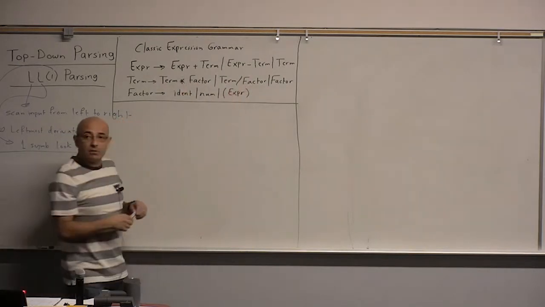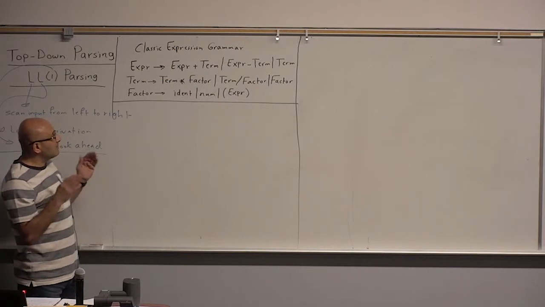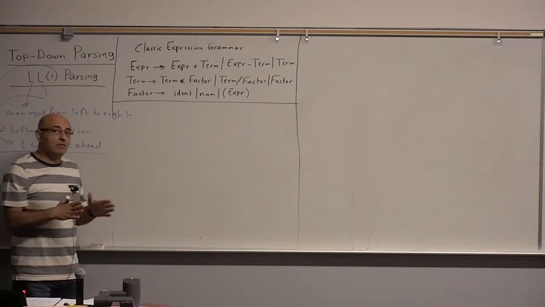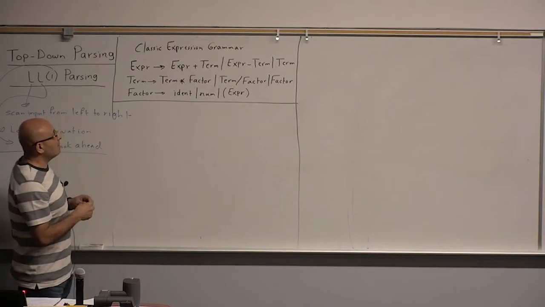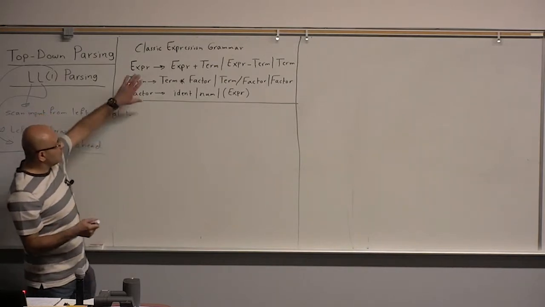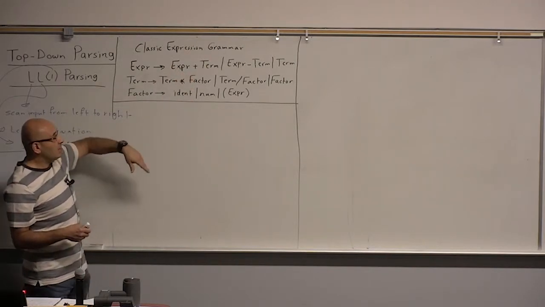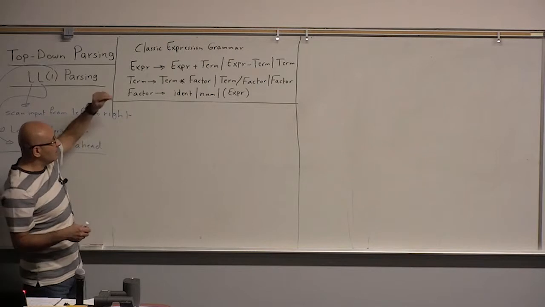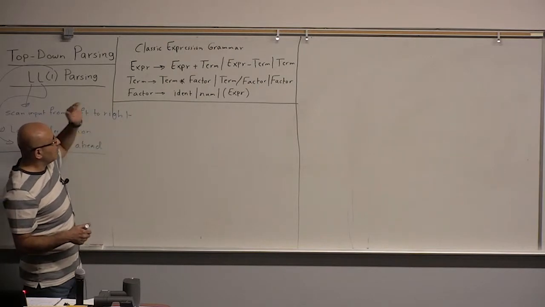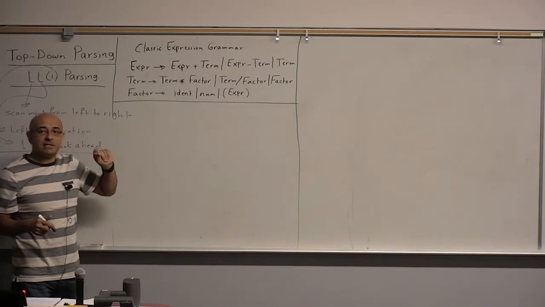Which one is the right one? So parsing is about determining which substitution is the right substitution for the input that I'm looking at. And with this form of the grammar, we couldn't parse an example string. We couldn't deterministically decide which substitution is the right substitution.